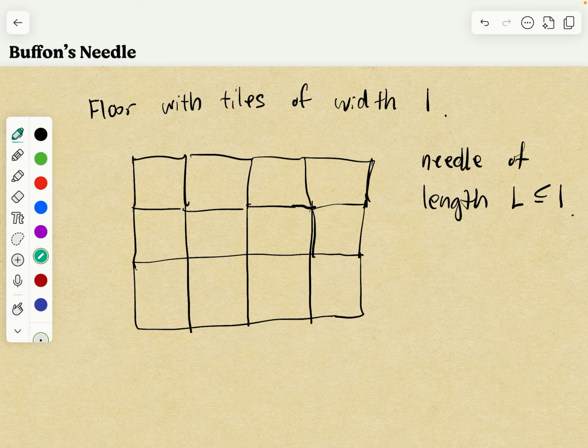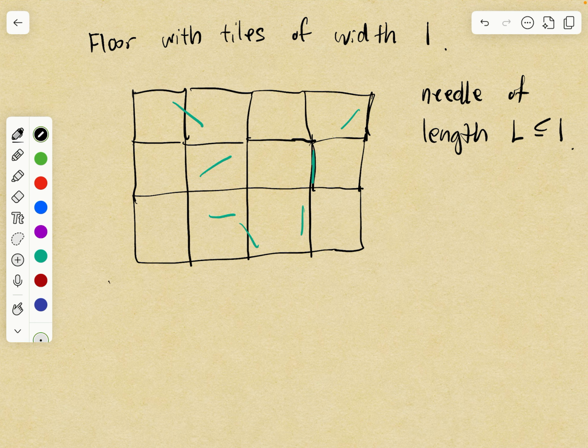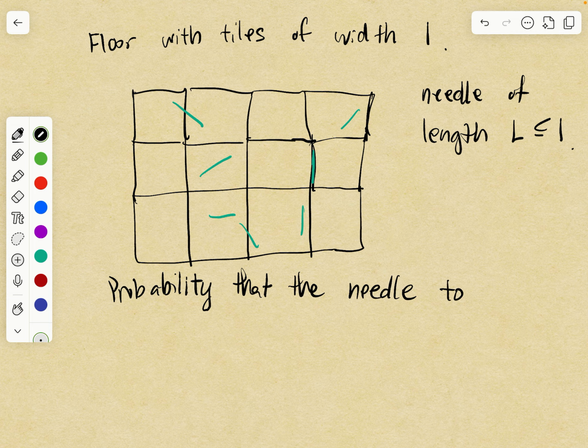So your needle might be like this, or it might be like this, or this, or this. I mean, you have all sorts of possibilities for the needle. And the question is, what's the probability that the needle touches one of the cracks?